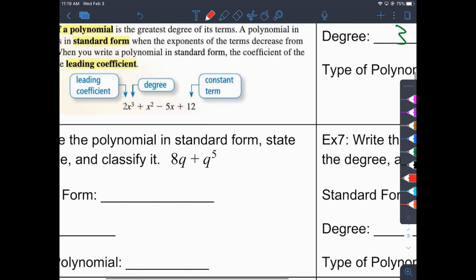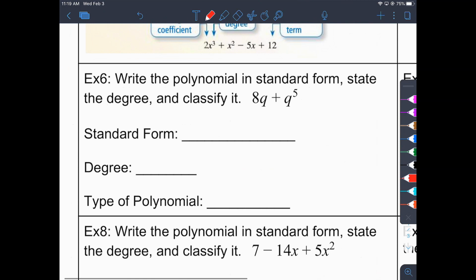Let's do it again. Write the polynomial in standard form, state the degree, and classify it. All right, standard form means the highest degree has to go first. This right here, this 8q, has a degree of only 1. The q's exponent is a 1, even though it typically is not written when it's a 1.